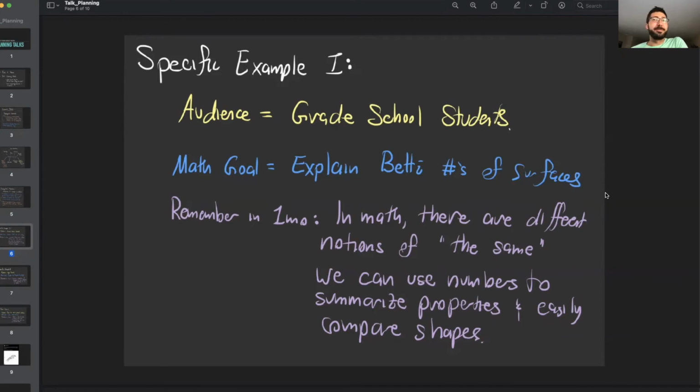Namely, some groups, I guess to say it more mathematically, some groups drew shapes that were congruent and some groups drew shapes that were similar. But everybody seemed to agree that the number of corners was a definite invariant. No matter what we were talking about, triangles were never the same as squares, and squares were never the same as pentagons.